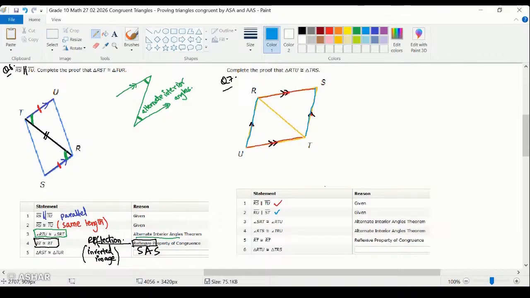Agreed. SRT, it's a formation of a Z, right? We can say Z is being formed. Then this angle would be equal to this angle. And for the next one, RTS, where is RTS? Since these lines were parallel as well, therefore this angle would be equal to this angle, right?